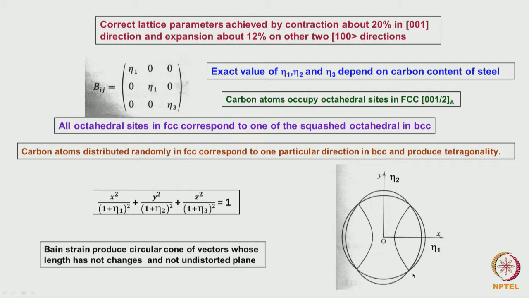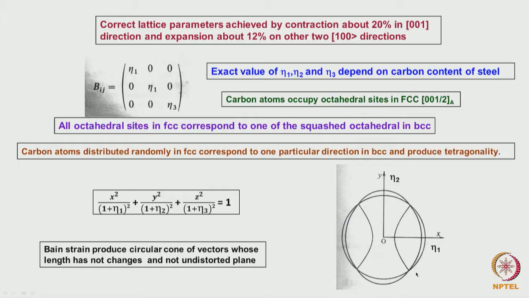And if eta 1 equals minus eta 2, and in the z direction we can make the strain somehow zero by applying a lattice invariant shear, whether it is slip or twinning, then we will be able to identify two planes.